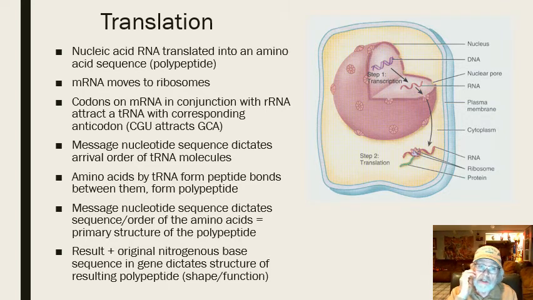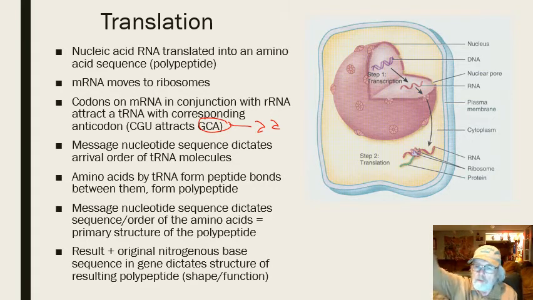These will be for a specific amino acid. That messenger nucleotide sequence dictates the arrival order of the transfer RNA molecules. In other words, the ribosomal RNA will read a series of codons. It reads a first codon and brings a transfer RNA. The second codon brings a transfer RNA with the appropriate anticodon.